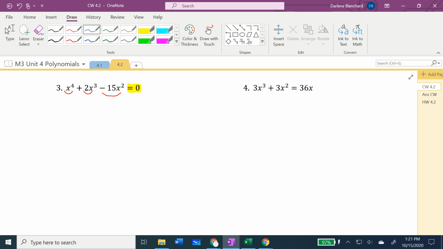I can factor out an x, in fact, an x squared. And when I'm trying to figure out what's left, actually, let me write this down a little bit farther. When I'm trying to figure out what I have left, I'm going across the board and dividing everything by x squared. So x to the 4th divided by x squared plus 2x cubed divided by x squared minus 15x squared divided by x squared.